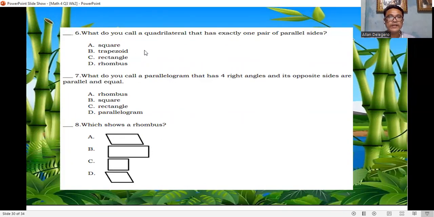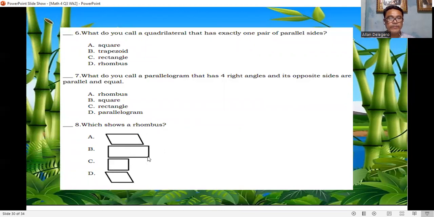6, what do you call a quadrilateral that has exactly one pair of parallel sides? A, square. B, trapezoid. C, rectangle. D, rhombus. 7, what do you call a parallelogram that has 4 right angles and its opposite sides are parallel and equal? A, rhombus. B, square. C, rectangle. D, parallelogram. 8, which shows a rhombus?